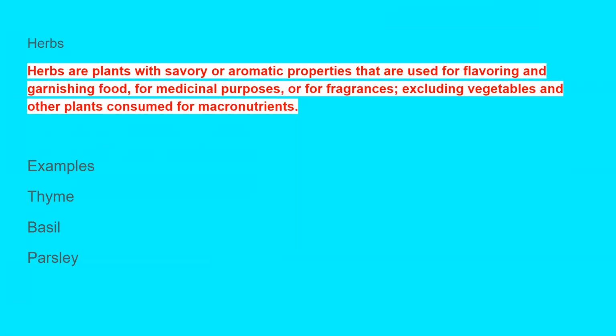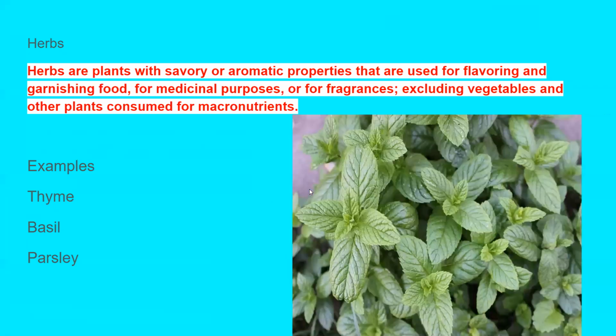So they are used for aromatic. Some give flavor. Some are used for medicine, and they are used for garnishing food, like thyme, basil, and parsley. These are the examples of the herbs.